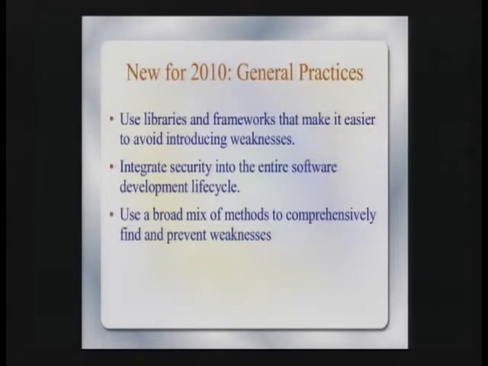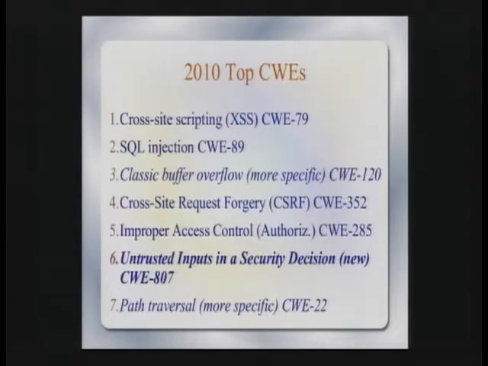The cost of fixing that at the end is much, much greater than if you were doing it from the beginning. And chances are you're not going to be able to fix everything. Also, you should use a broad mix of methods to comprehensively find and prevent weaknesses. Code scanning is one example. Code reviews is another.